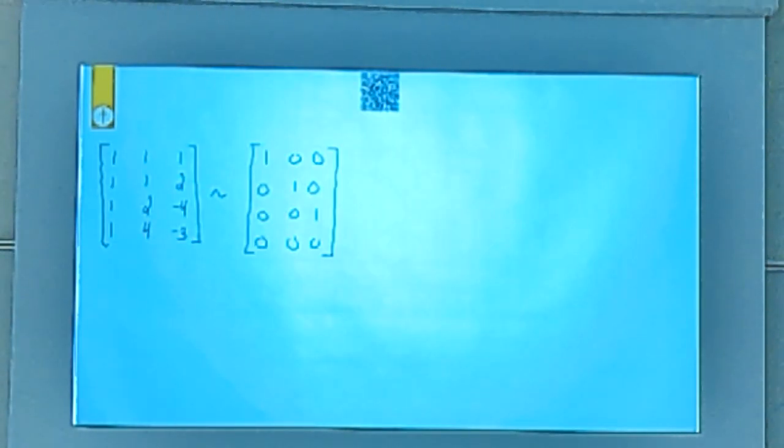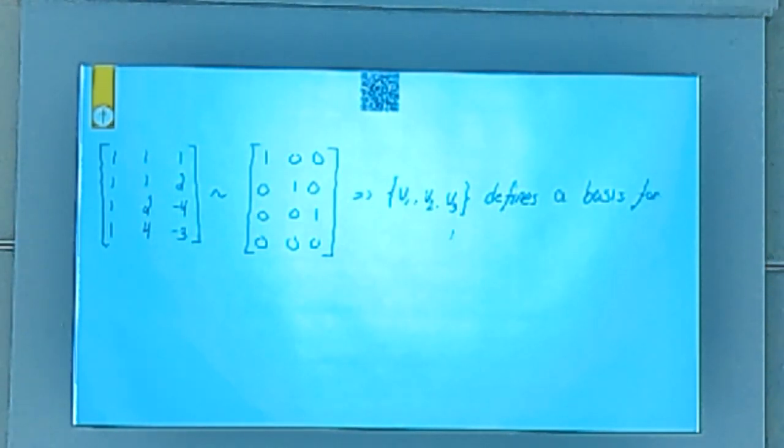Yes. Which means that is our basis. Good, we have a basis.